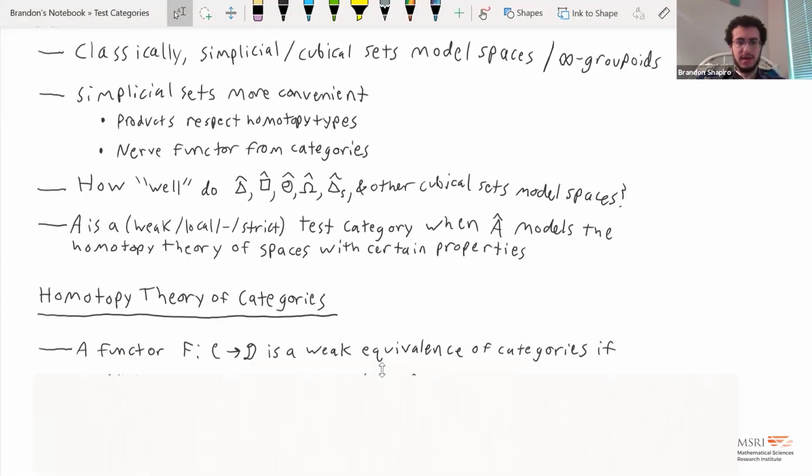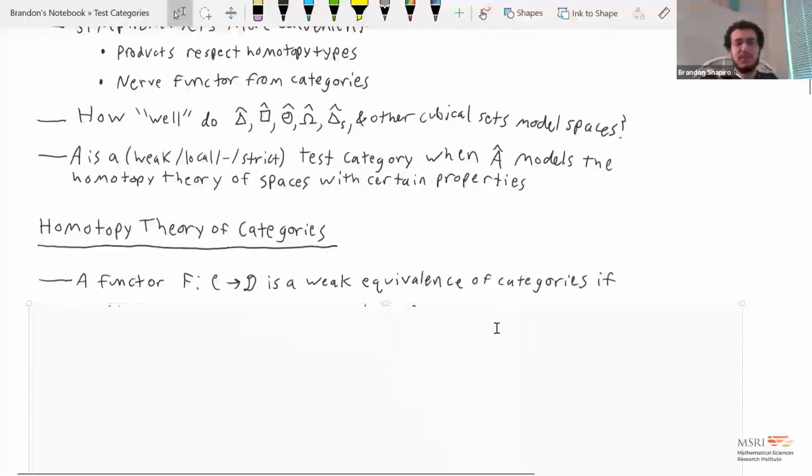So we're going to define what it means for a functor to be a weak equivalence in categories. Because while we ultimately want to compare these diagram categories to spaces, coming up with a geometric realization functor from an arbitrary one of these is difficult to do in general without going through categories.